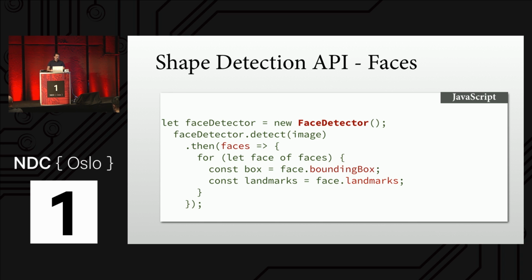Face detection, and that detection will be done by the browser. The browser can rely on the hardware, the CPU, the GPU, or a machine learning solution, or in the near future probably a machine learning chip, like a TPU. So probably there are going to be devices with TPUs inside that will give you that information. So you can detect faces.